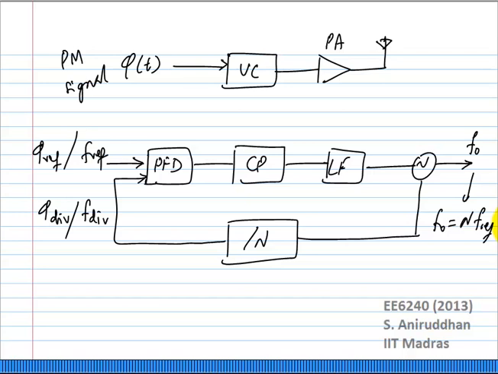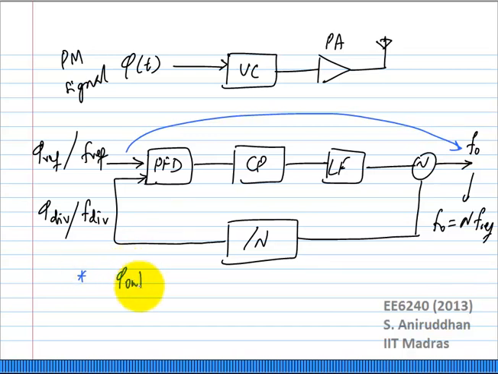Now, what is the transfer function of the PLL from the input to the output in the phase domain? Amplification by N. Okay, anything else? Okay, good. So you have two characteristics from input to output.